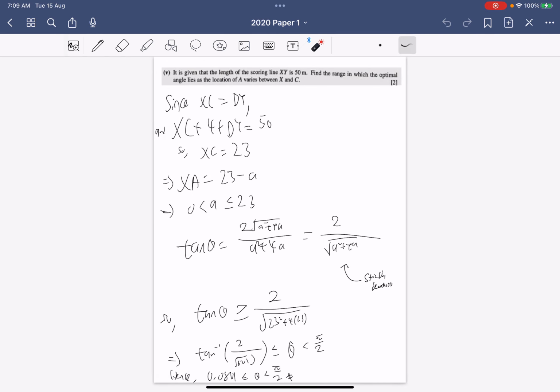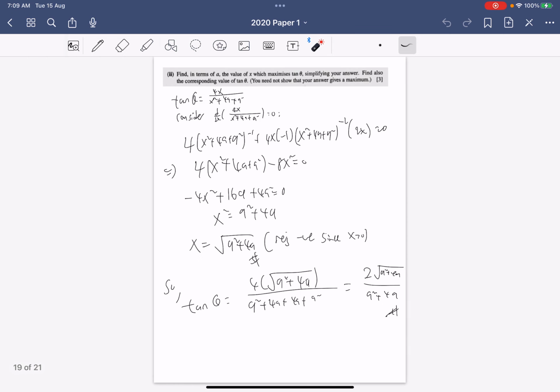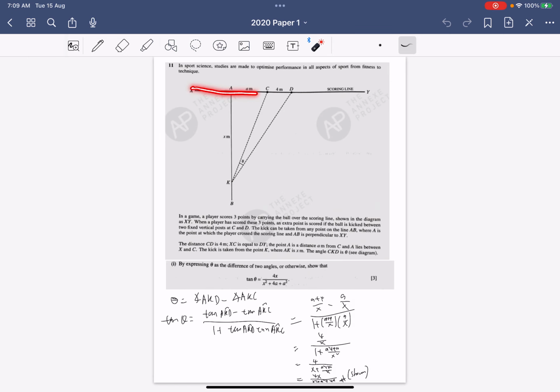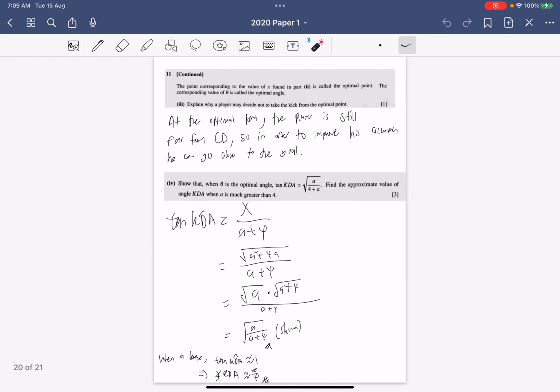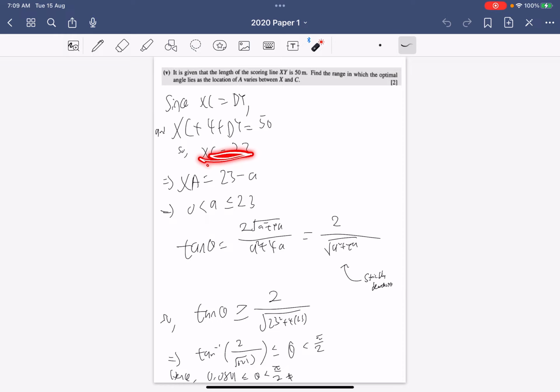And lastly, it is given that the length of the scoring line XY is 50. So when you go back to the diagram, this whole line is 50. We know that XC and DY are the same length. So 50 minus 4, which is the middle portion, is 46. Then you divide by 2 to get each XC or DY, which is 23. So XC is just 23.